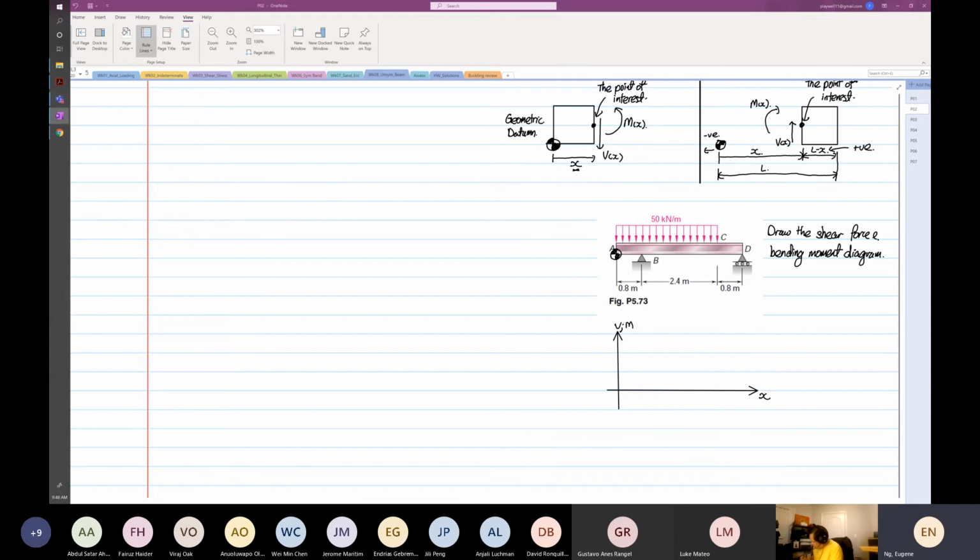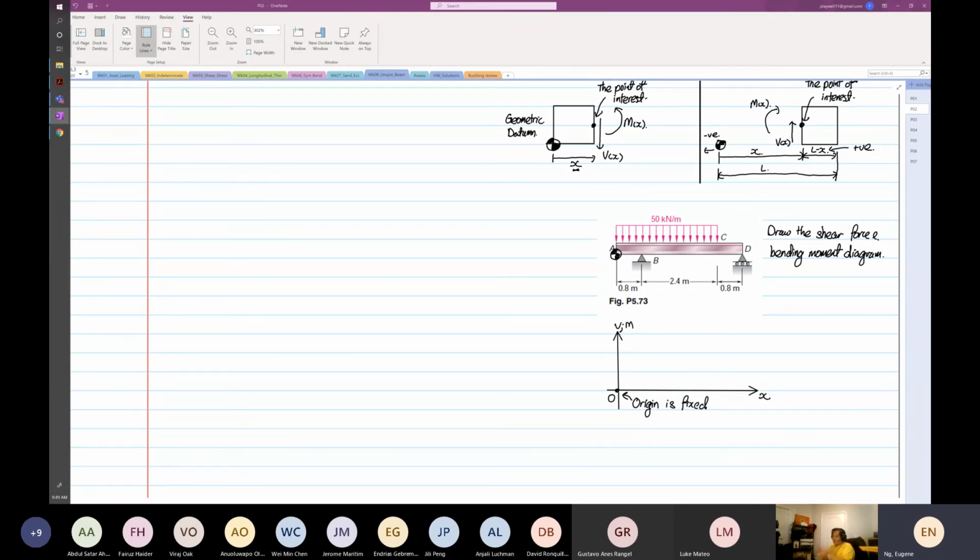When you construct the diagram, 0 is always on which side of the diagram of the structure? It's always on the left-hand side. So when we construct our shear force and bending moment diagram, the origin is fixed, i.e., the point distance x equals 0 is always on your left-hand side.